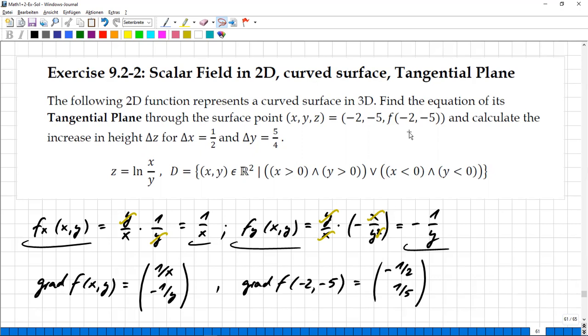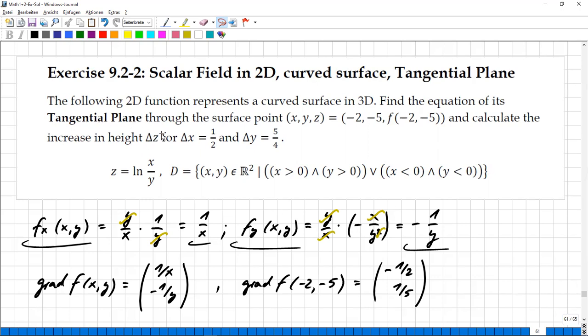And after finding the tangential plane equation, calculate also the increase in height, delta z, for delta x equals 1/2 and delta y equals 5/4. That's just some sort of walking along the tangential plane.